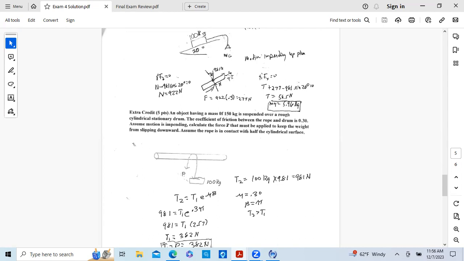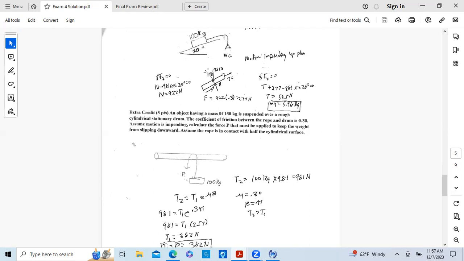Call this T, the tension force, which wraps around the pulley to mg down here. And I just take some forces in the x direction. This is my axis system, this is x direction. So I have plus T plus the 277, which is friction up, minus this weight wanting to take it down this way.